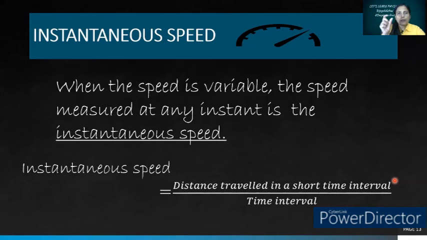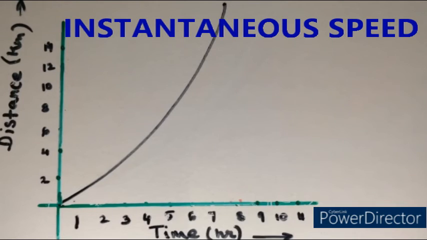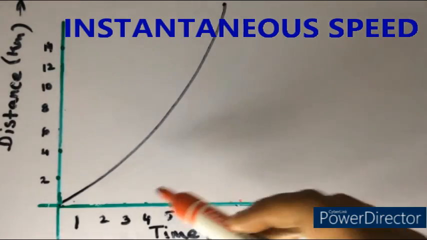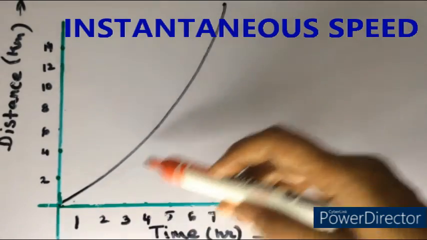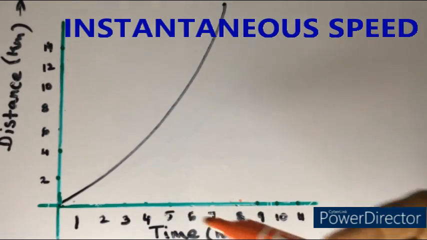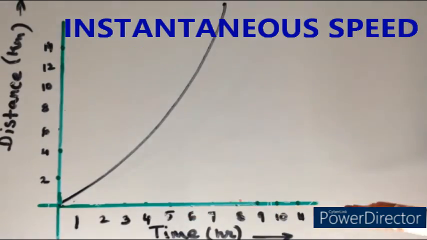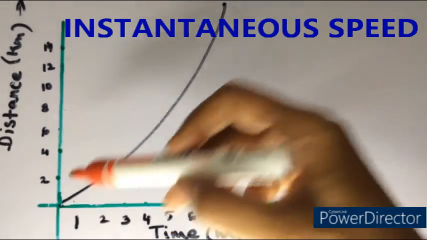Now I will show you how it is. In order to find the instantaneous speed, let us take an example of this graph. This graph shows a curve of a vehicle, suppose having instantaneous speed. Here we have a distance-time axis.